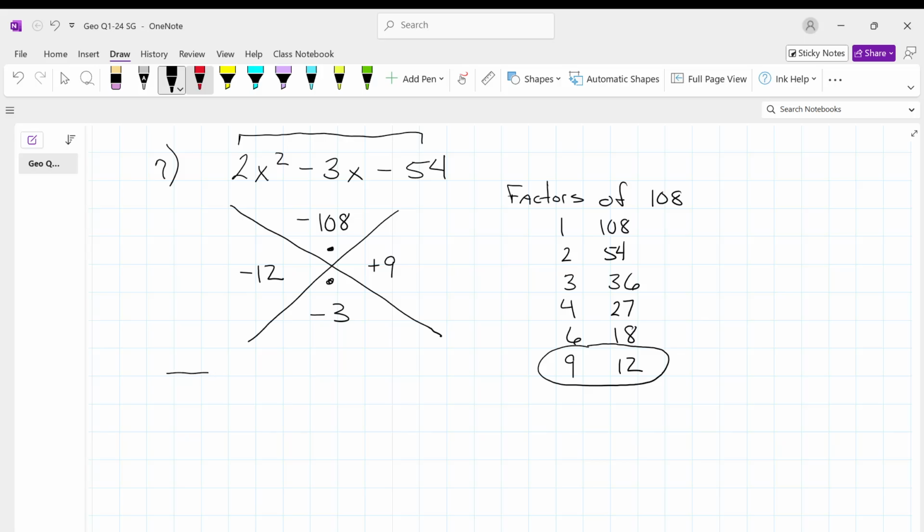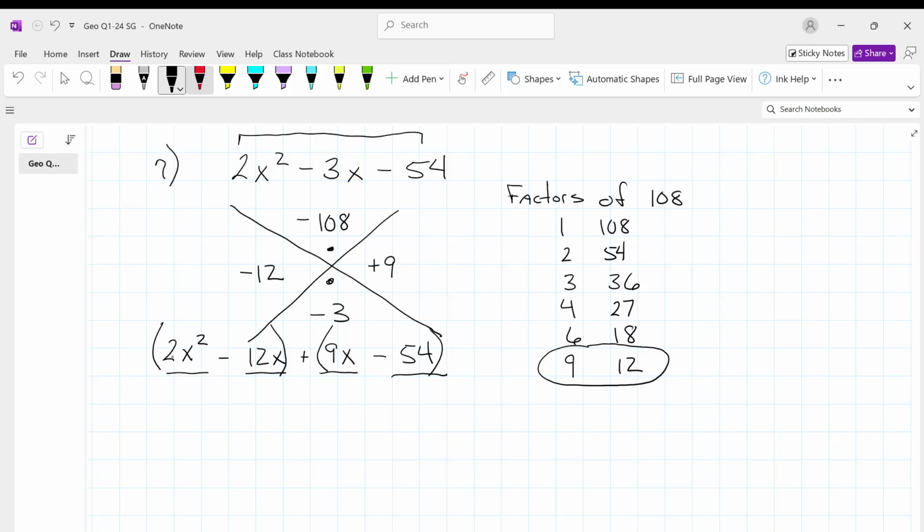So then we fill in the blanks again. The 2x squared minus the 12x plus the 9x and then minus the 54. Group up the first two and the second two. Factor what's in the parentheses.